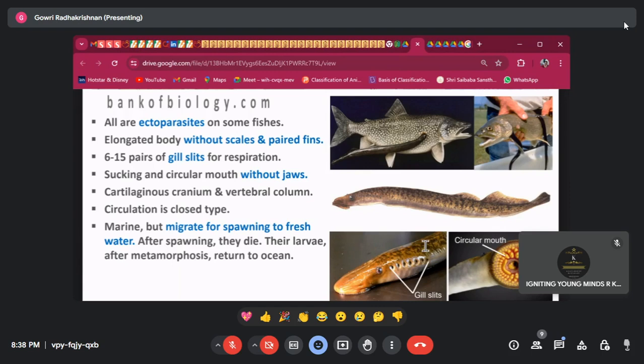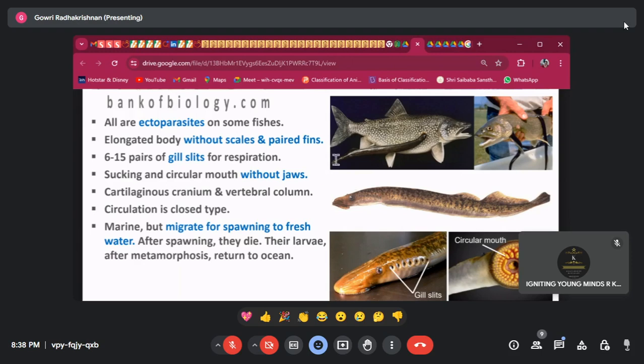Sucking and circular mouth without jaws. Cartilaginous cranium and vertebral column. Circulation is closed type. Marine, but migrate for spawning to fresh water. After spawning, they die. Their larvae, after metamorphosis, return to the ocean.